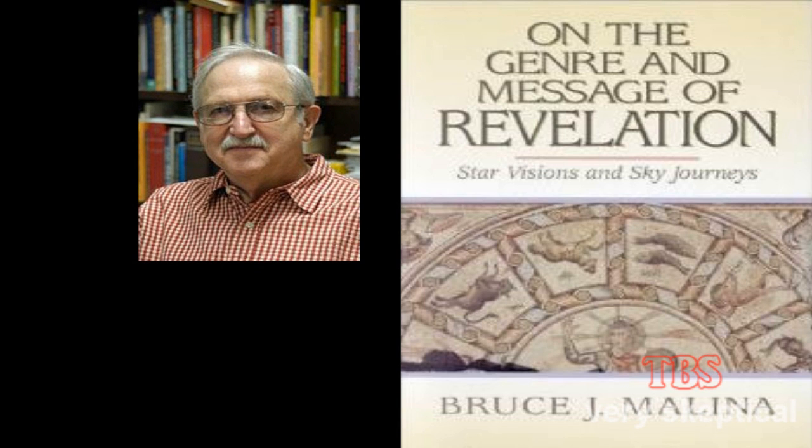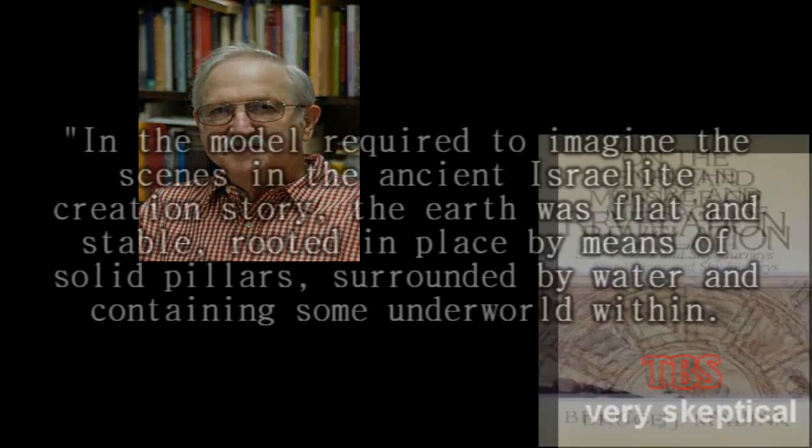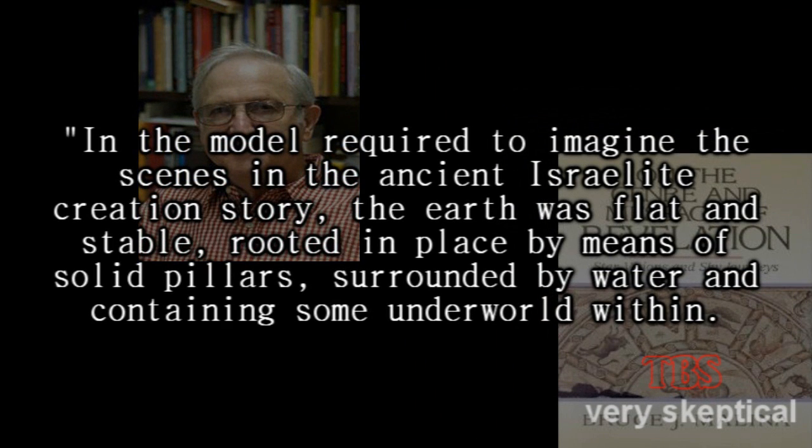Bruce Malina, member of the Context Group, a working collection of international scholars committed to the use of the social sciences in biblical interpretation, has commented regarding this early Hebrew cosmology reflected in the biblical text. Quote, "In the model required to imagine the scenes in the ancient Israelite creation story, the earth was flat and stable, rooted in place by means of solid pillars, surrounded by water and containing some underworld within.